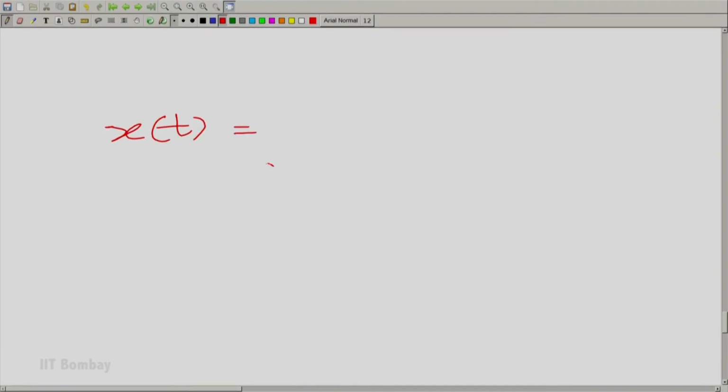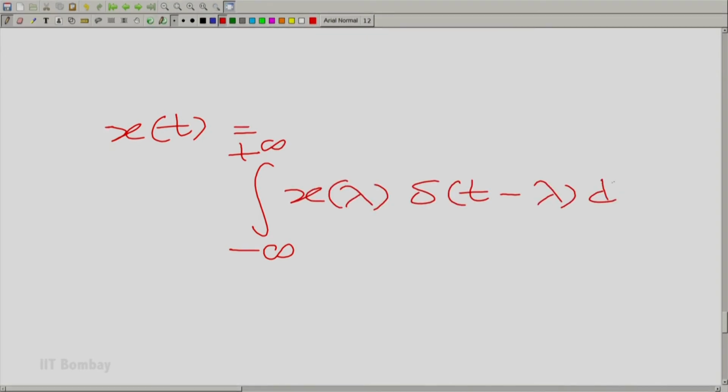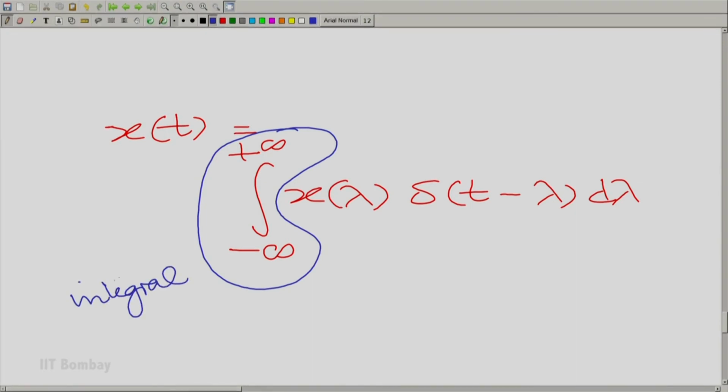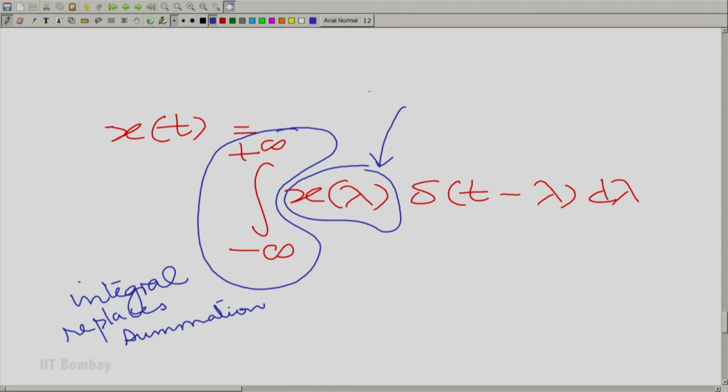You know that a large class of signals x(t) can be written in the following way: integral from minus to plus infinity x(lambda) delta(t minus lambda) d lambda. So, what has happened here? The integral has replaced the summation. x(lambda) is the component along the direction lambda or dimension lambda.